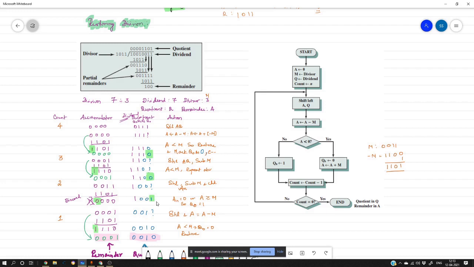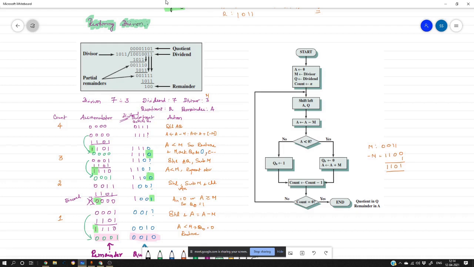That case is called the overflow case, which cannot be handled. So you have to accordingly adjust the size of the quotient register and the accumulator register. Now let us not bother about the overflow, because that is not being focused on much in our book. We just try to understand how the division algorithm works.